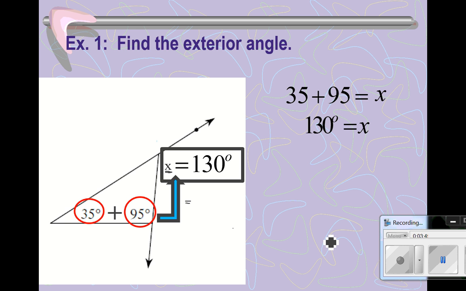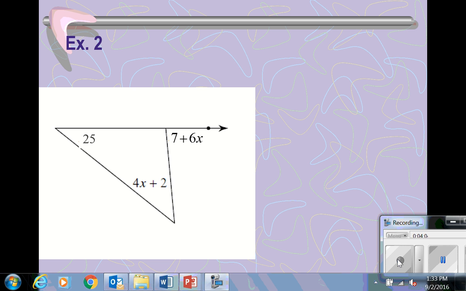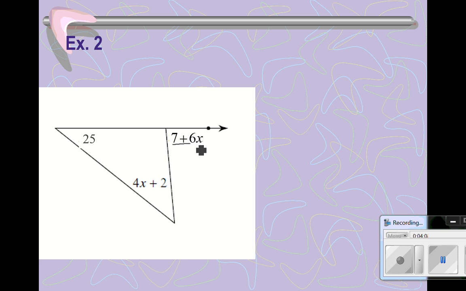Here's example 2. You don't have to write any directions because they're the same as example 1. We're going to find the exterior angle. So I'm going to give you time to copy the picture and label it. Just like before, we're looking for our exterior angle, which is right here. So if I cover that up and I look at the opposite angles, I can do my circle plus circle arrow to help me set up my equation.